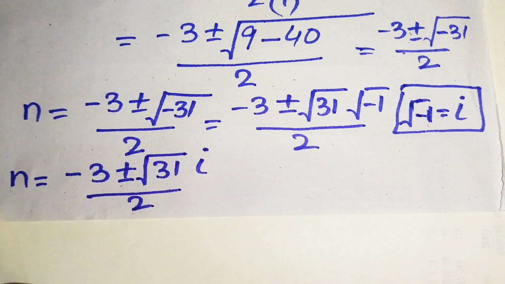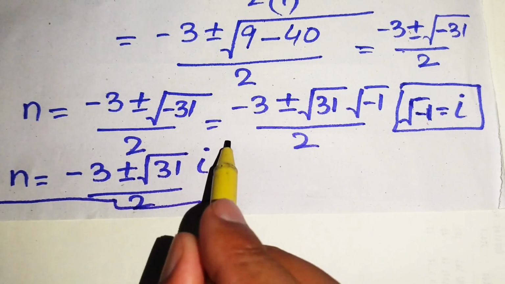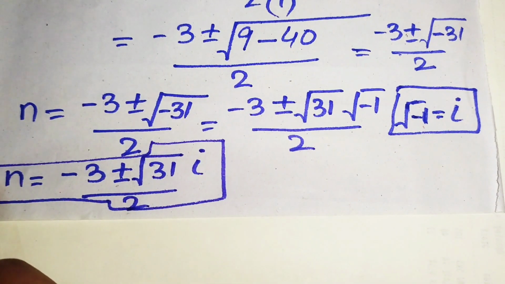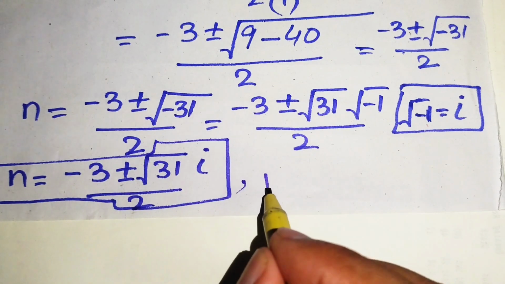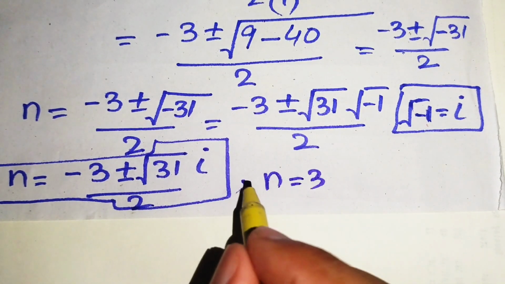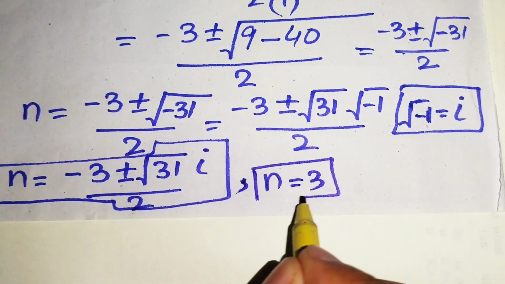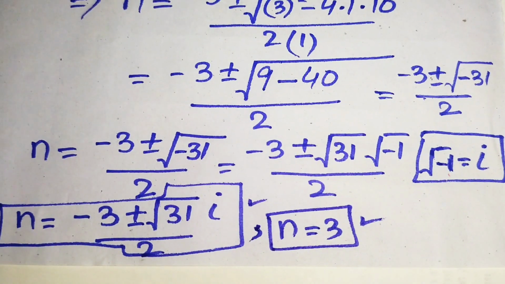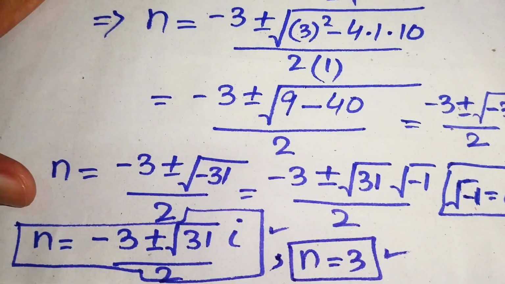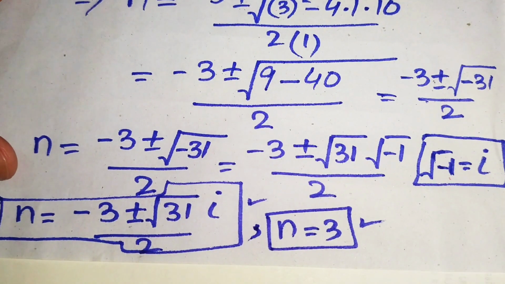So these are the two complex solutions of the given equation, and the third real solution is n equals 3. So these are the three solutions of the given equation, and this is our final answer of this question.